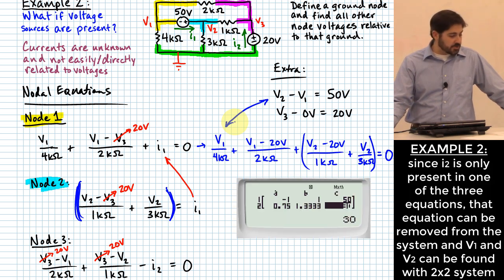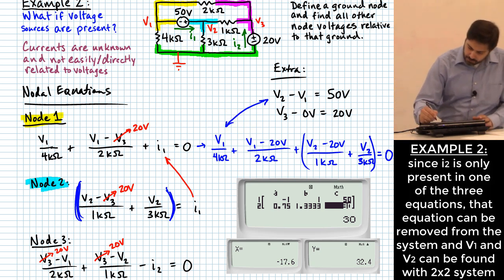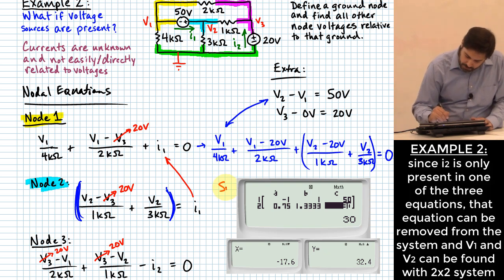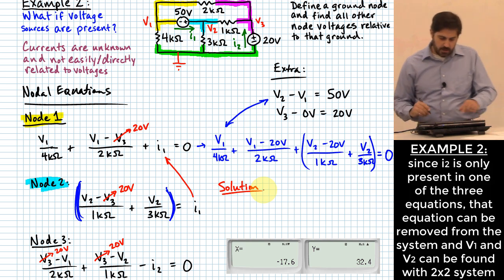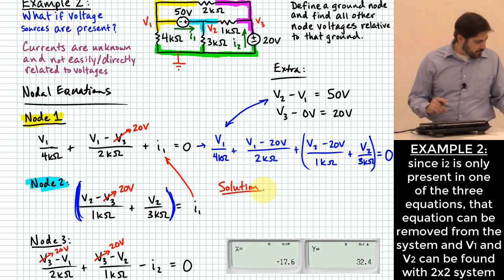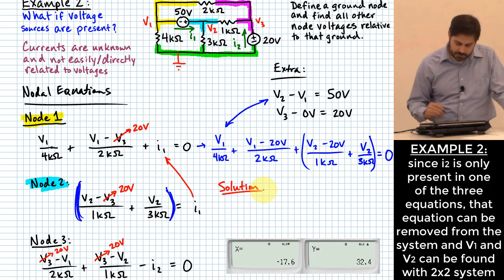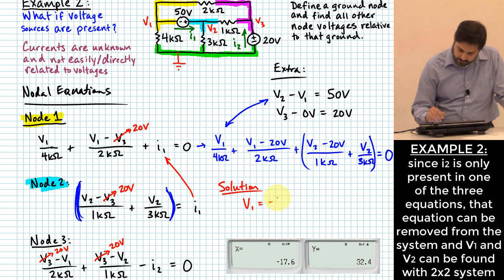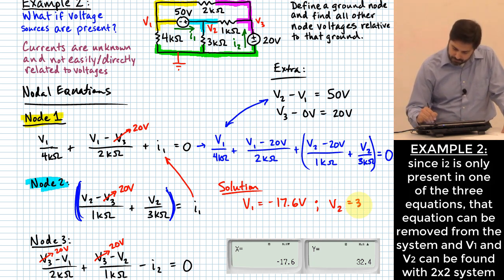Okay? Now, I already showed you an example of how to do that. If you're okay with it, I'll just report to you what these answers are of plugging those 2 things in. Okay? So, the solution for V1 and V2 is just going to end up being negative 17.6 volts for V1 and V2 is just going to be 32.4 volts.